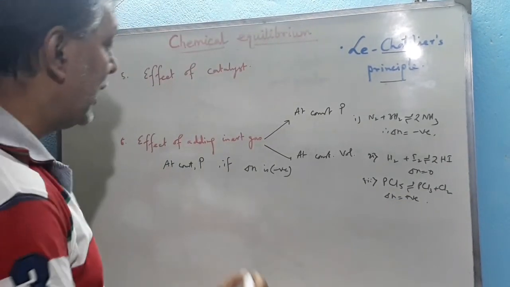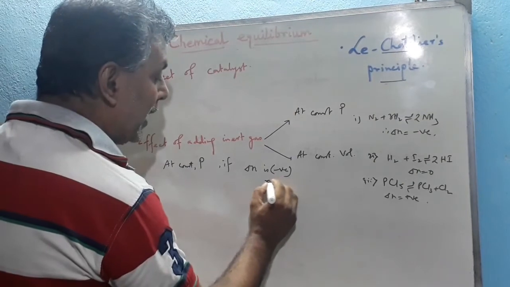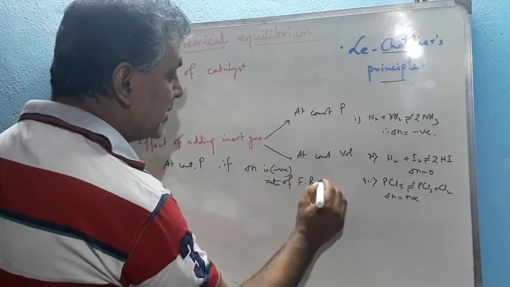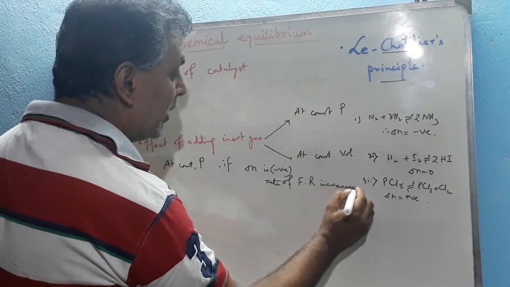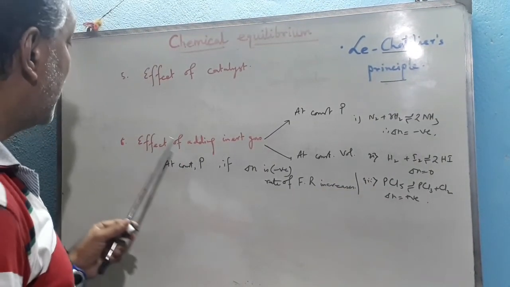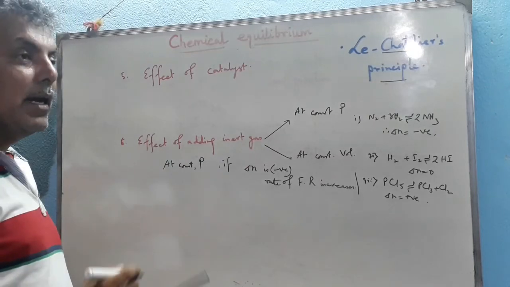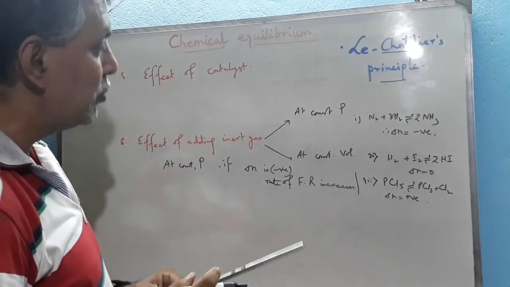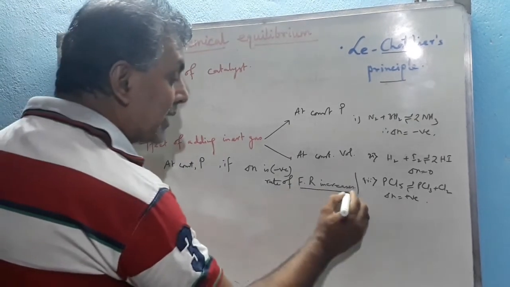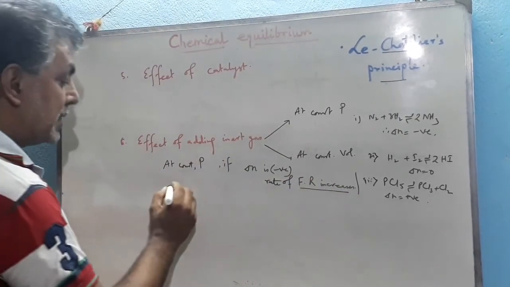Whenever del N is negative, we can say that the rate of forward reaction increases. If del N is negative, at constant pressure, if we add some inert gas like helium, neon, and so on inside the closed container, then the rate of forward reaction, that means the rate of formation of the product, increases.